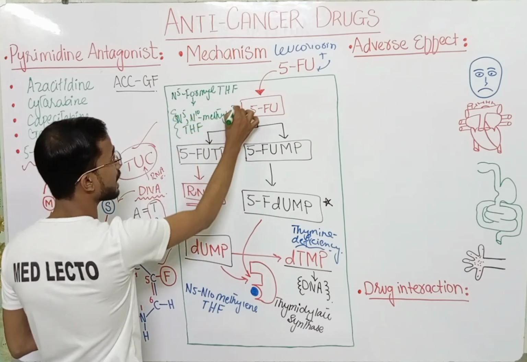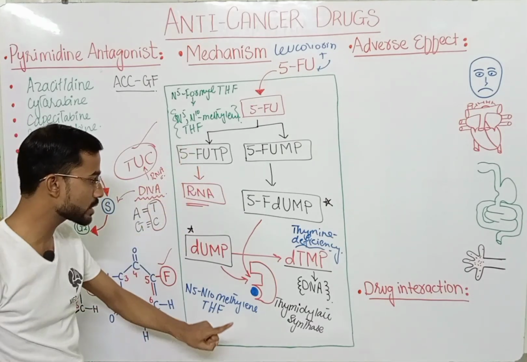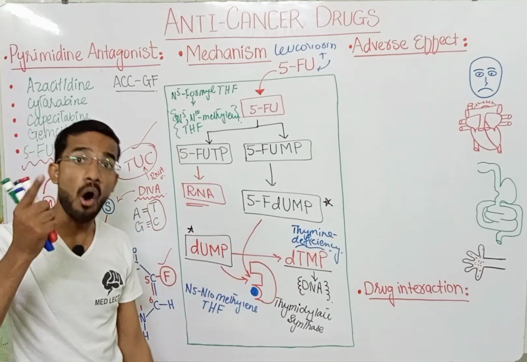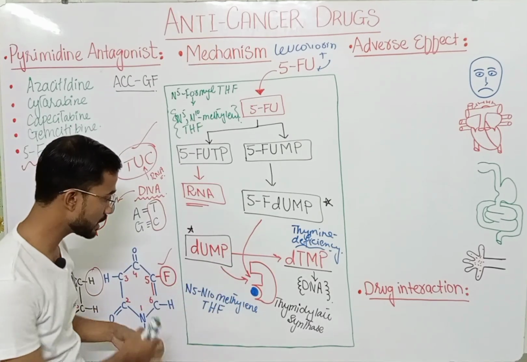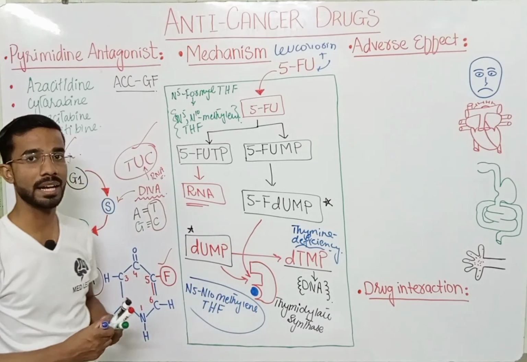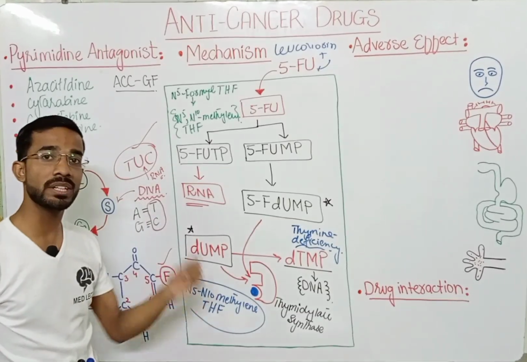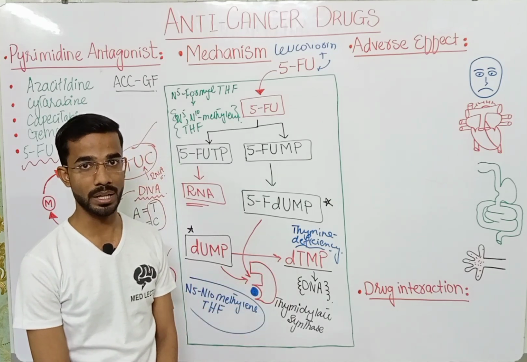This acts as a cofactor, and this is required in the normal conversion, or in the blockage of this process. So here is the compound N5,N10-methylene tetrahydrofolate. So that's why we take the leucovorin along with the 5-fluorouracil.